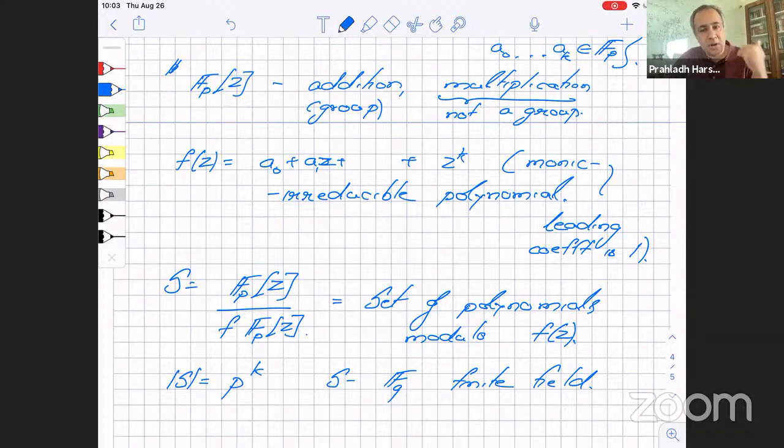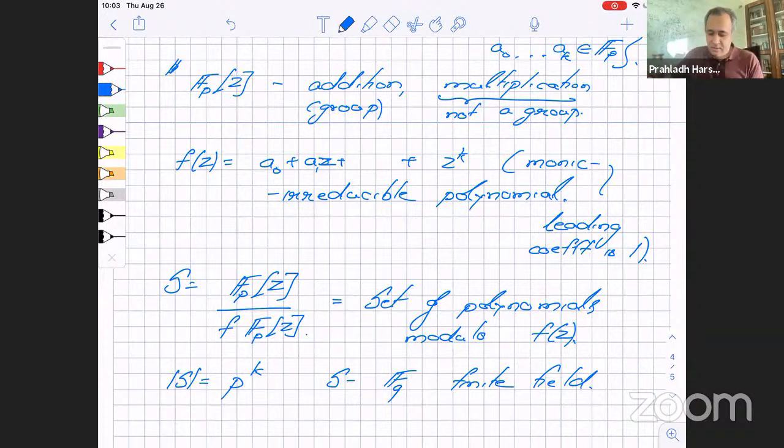Exactly as in the case of Z_p, where you imported the addition and multiplication from the integers and whenever it overshot p you reduced it mod p, here you will do the same thing. Addition and multiplication are those of the underlying polynomials, but whenever the degree reaches k, you reduce it by taking the remainder with the polynomial f(z), and that's the result.